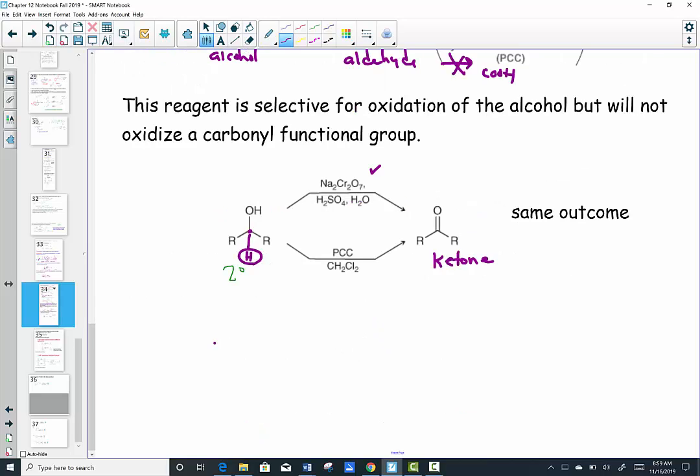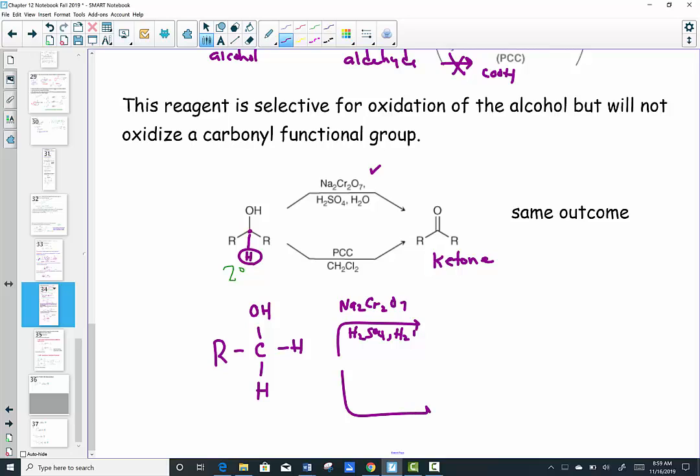If I started with a primary alcohol, just to remind ourselves, if this were our strategy, the primary alcohol in the presence of your sodium chromate, in a workup of an acid in water, and we're going to compare it here, this will form the aldehyde because it's primary, so that one of these hydrogens still remains, and then immediately goes on to form a second product, the COOH.